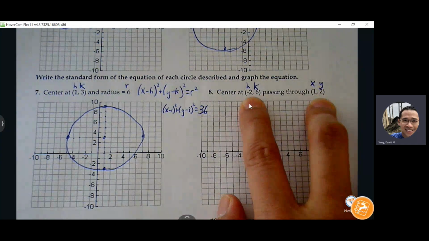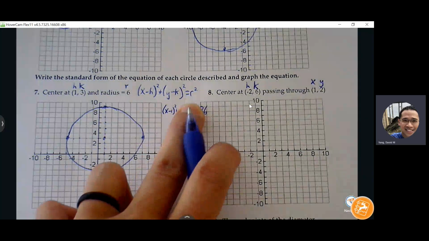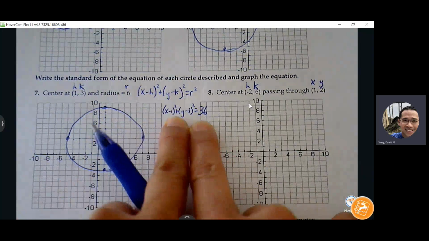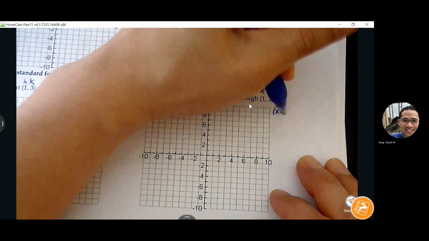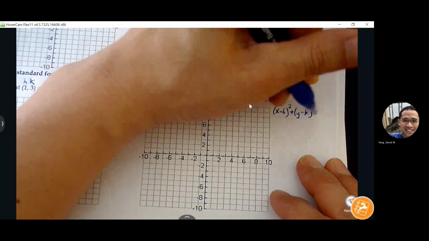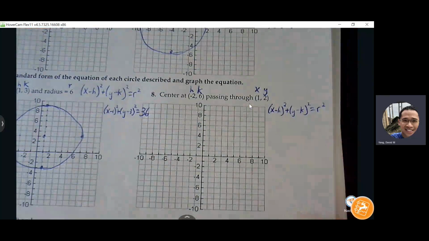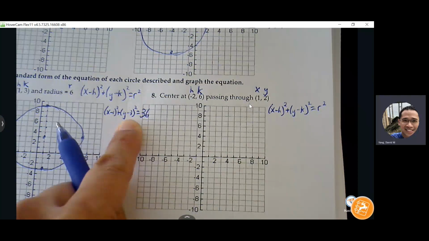So if we have (h, k) and (x, y), we can temporarily plug into the formula to solve for r. And once we solve for r, we can go back and put it back into the standard form. So we're just inserting our (h, k) and (x, y) temporarily, using it to solve for r. Once we get to r, then we can backtrack and put it back into standard position.